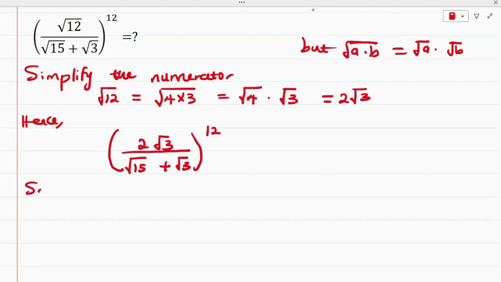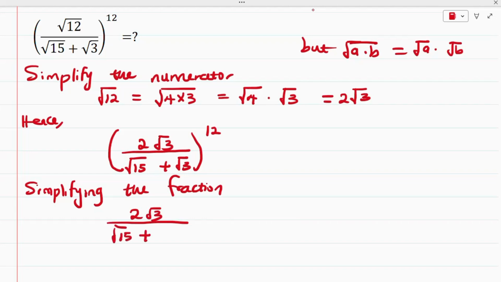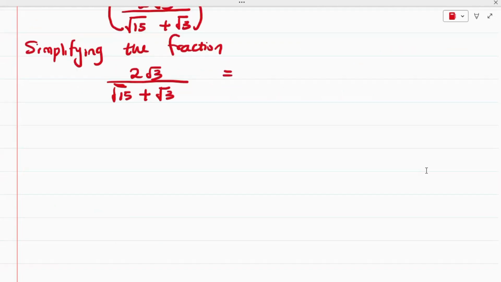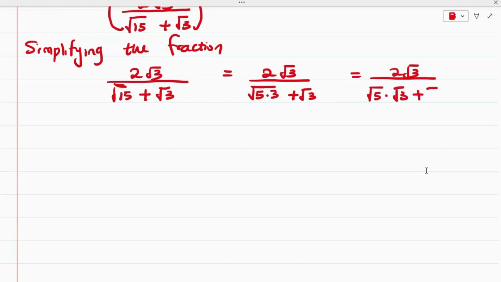Alright, so at this point what we have to do is simplify the inner fraction. Simplifying the fraction, we have 2 root 3 divided by the root of 15 plus the root of 3. Now the root of 15 can be expressed as the root of 5 multiplied by the root of 3, plus the root of 3.